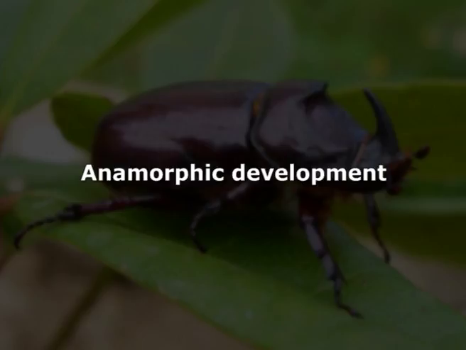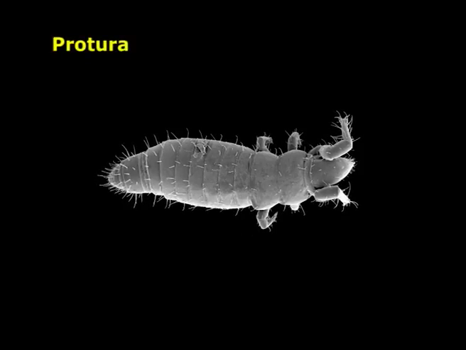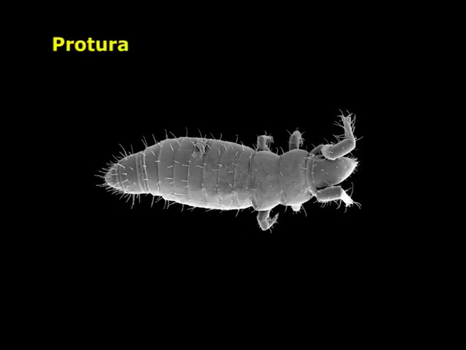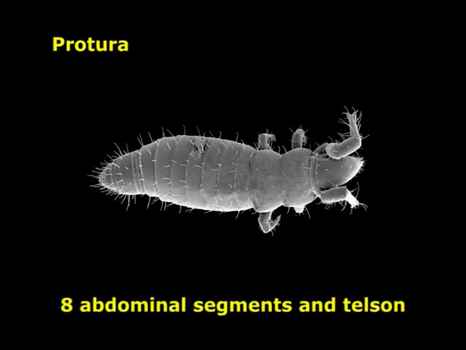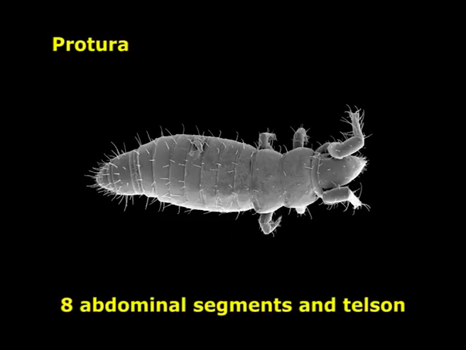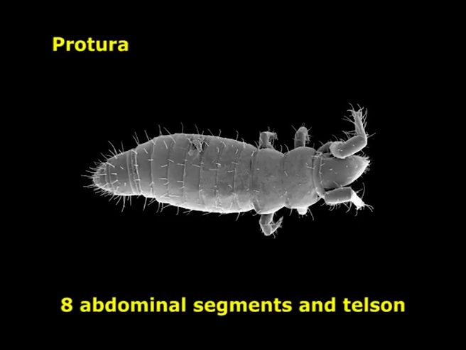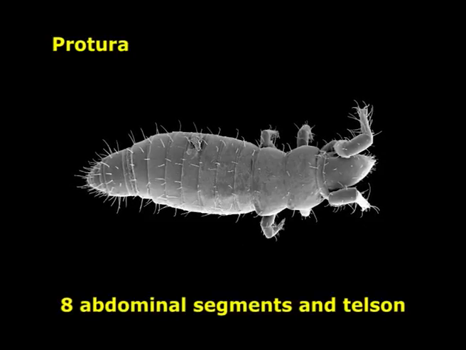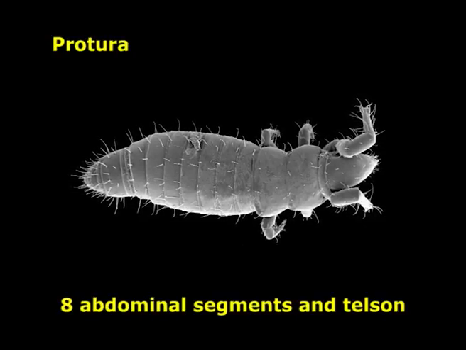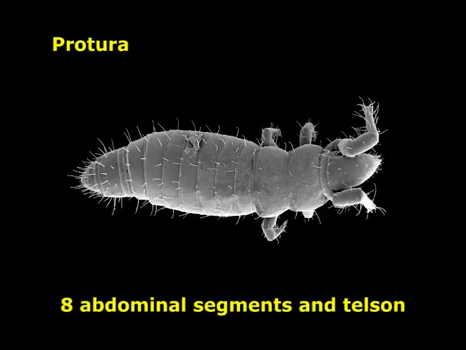Anamorphic development. In Protura, the first instar larva hatches with only 8 abdominal segments and telson. The remaining 3 segments are added at subsequent molts, arising behind the last abdominal segment but in front of the telson.